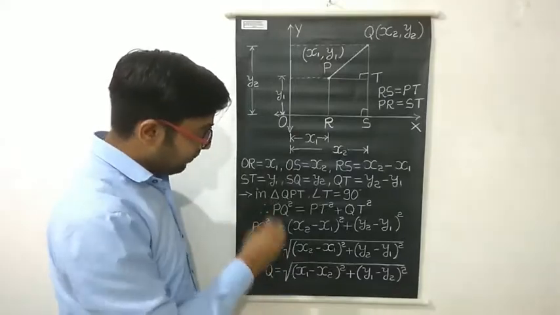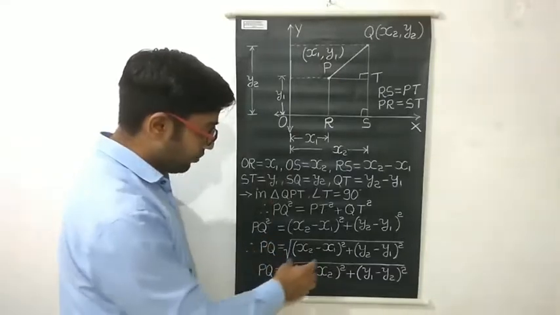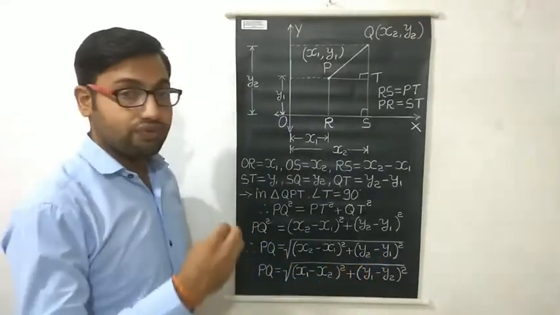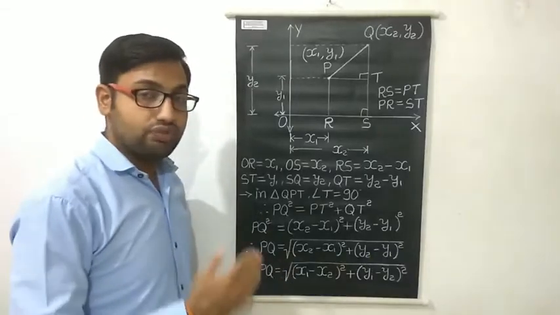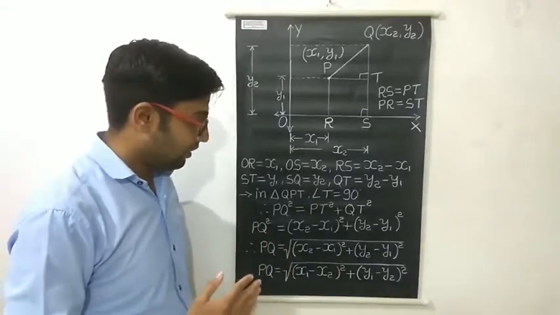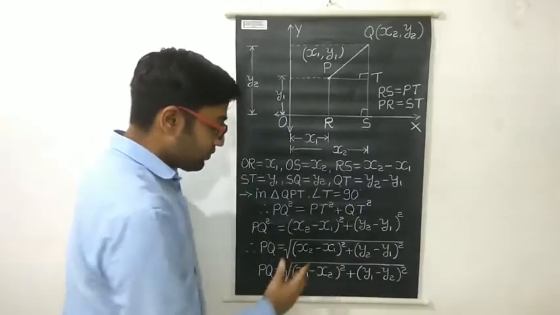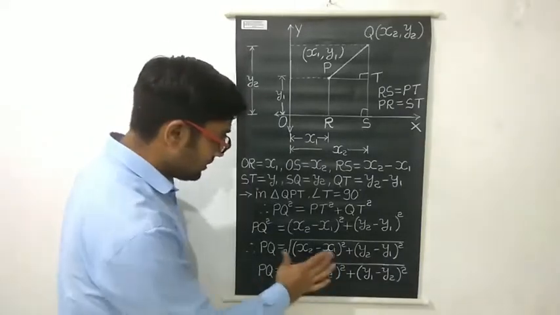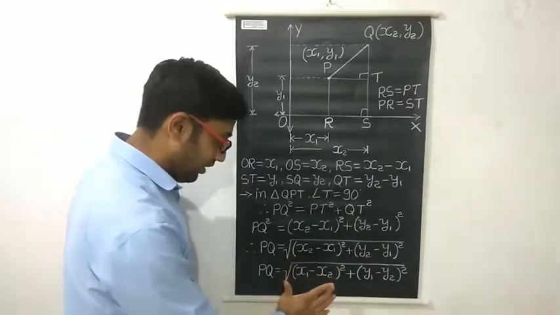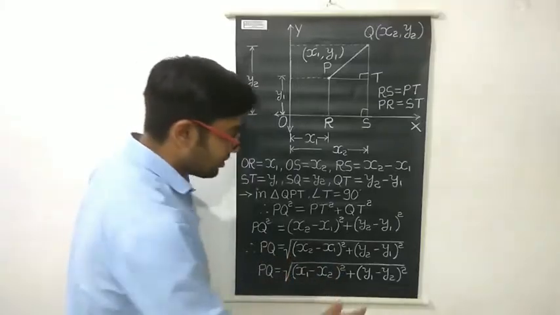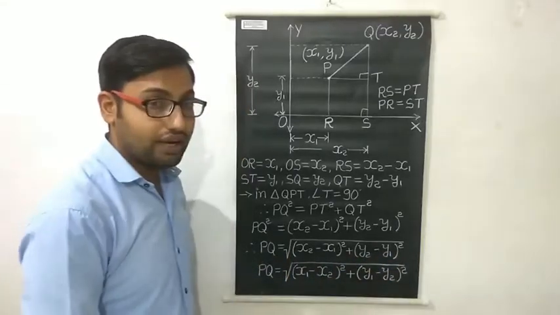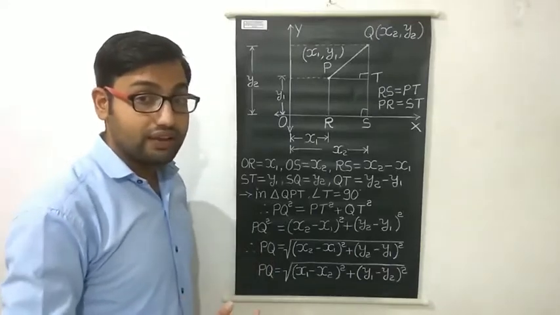In place of these, we can put the coordinates of the 2 points for which we want to find the distance. We can also write this formula in another form. Instead of x2 minus x1, we can write x1 minus x2, and instead of y2 minus y1, we can write y1 minus y2. Why?